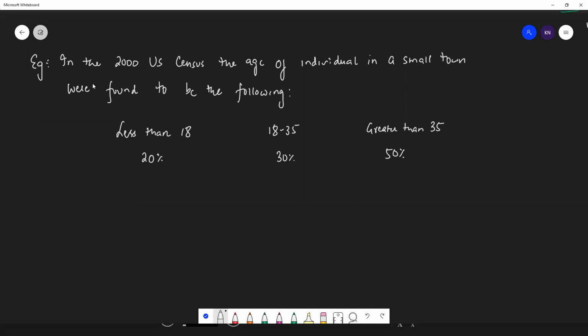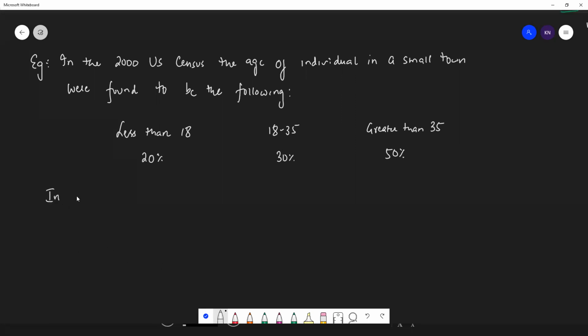See the question, everybody. In the 2000 US census, the ages of individuals in a small town were found to be the following. Less than 18 was 20% of the total population, 18 to 35 was 30%, greater than 35 was 50%. Okay.